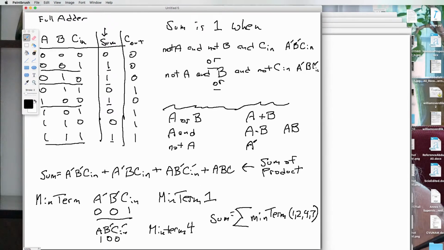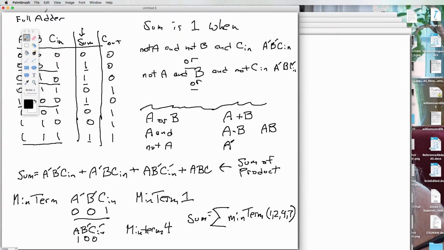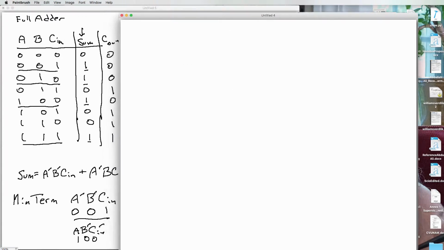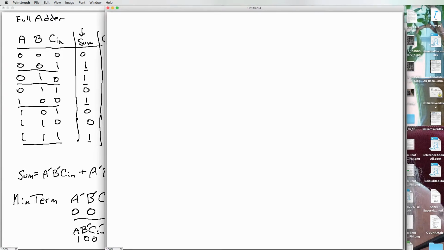All right, so we have over here our full adder. Let me just arrange the screen a little bit. I'm going to need some more writing space over here, and we're just interested in the sum. There are a couple of things that I want you to note. We note that the sum was the sum of these products: this one plus this one plus this one plus this one.